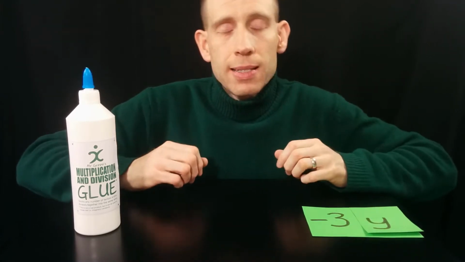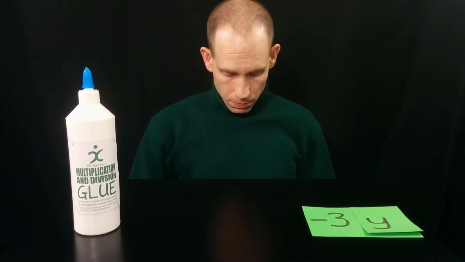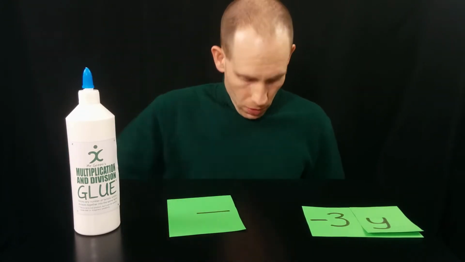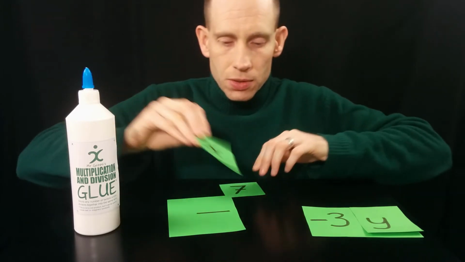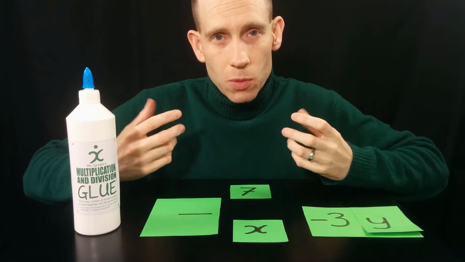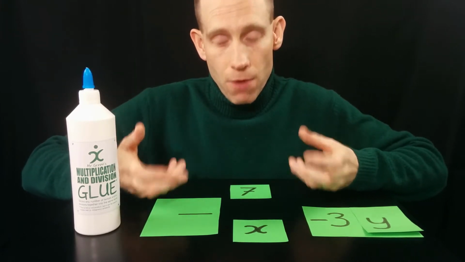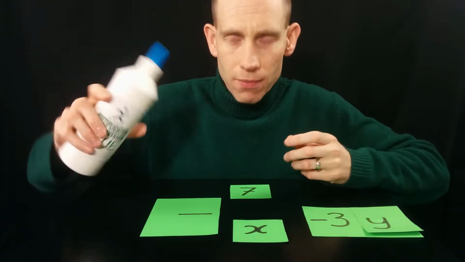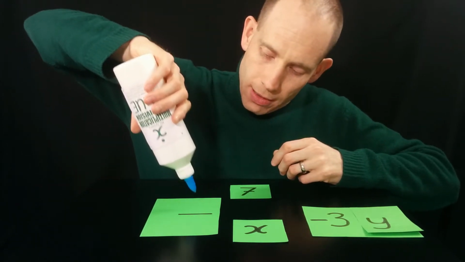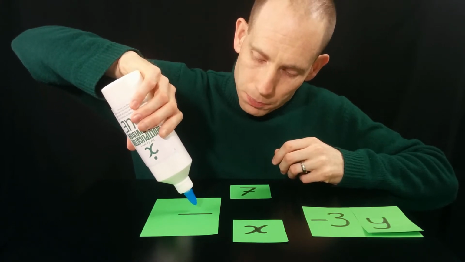And similarly, division also glues things together into the same term. So I've got here a 7 that I want to divide by an x. Now remember, in algebra we don't use the division symbol, but we show division using a fraction. However, have you ever noticed that the division symbol looks a lot like a fraction?